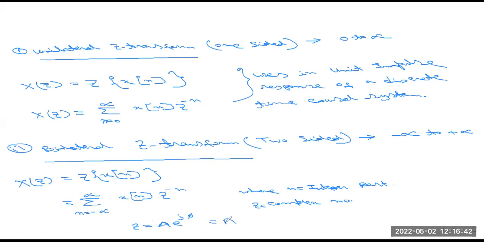As we explained in our previous class on the Z transform table, this equals A into cos phi plus j sin phi. Here A is the magnitude of Z, j is the imaginary unit, and phi is the complex argument. Please remember this. This is basically the two-sided or bilateral Z transform method.